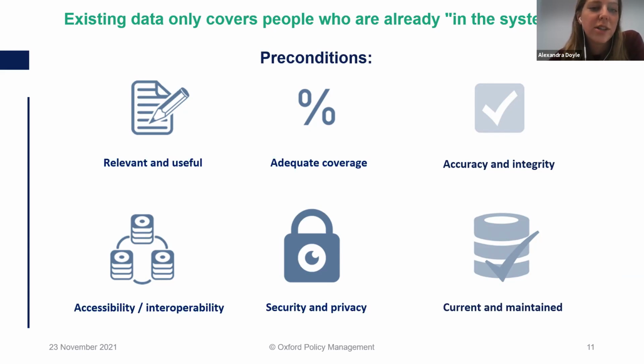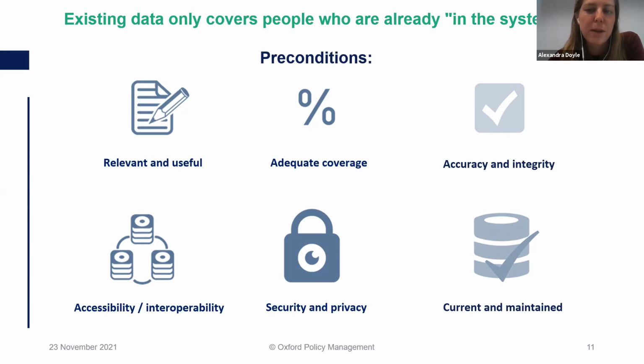So in order to use data for an effective response, data needs to be current and maintained. So in Indonesia and the Philippines, although they had developed social registries, the data was last updated in 2015 and didn't cover everybody in need. And so this made it difficult to solely rely on social registry data for the response. Data also needs to be relevant in terms of helping countries to identify the right people.